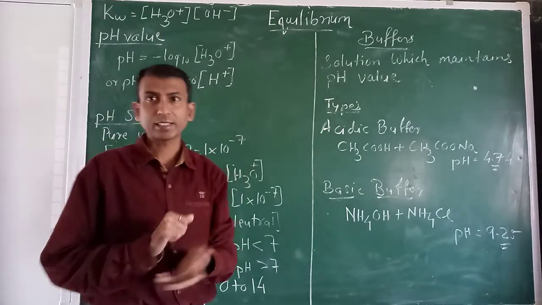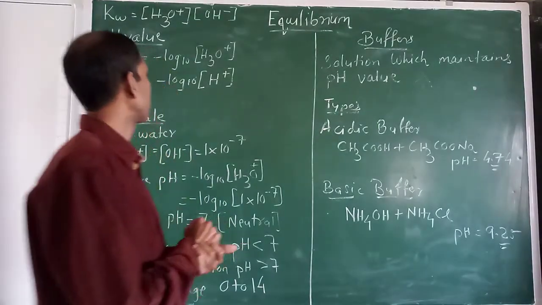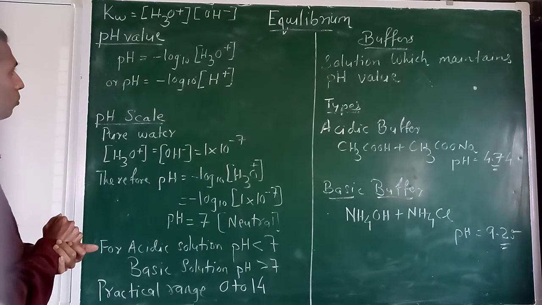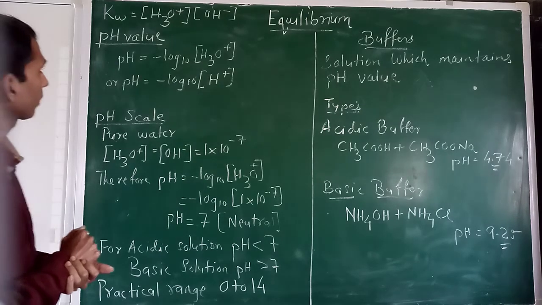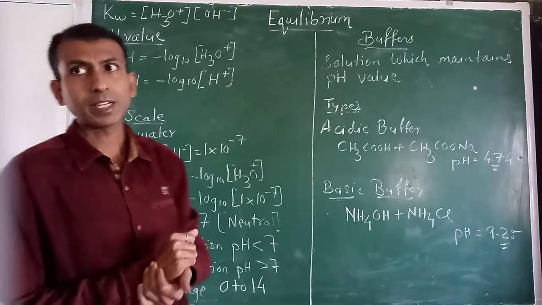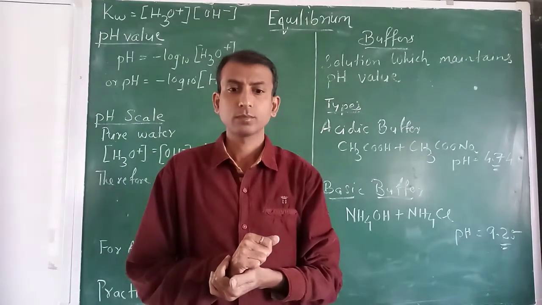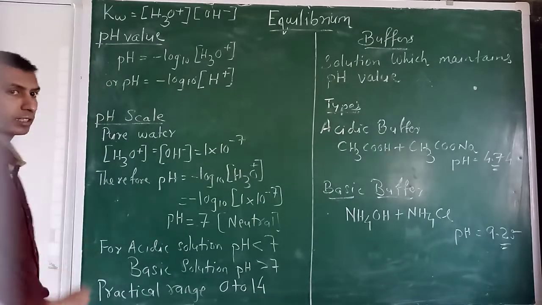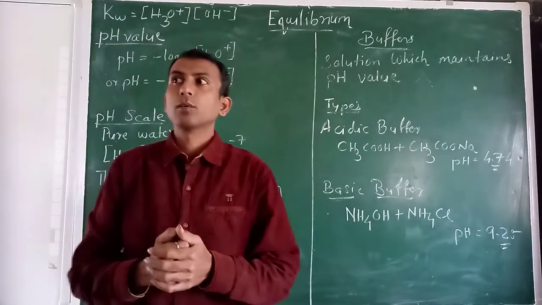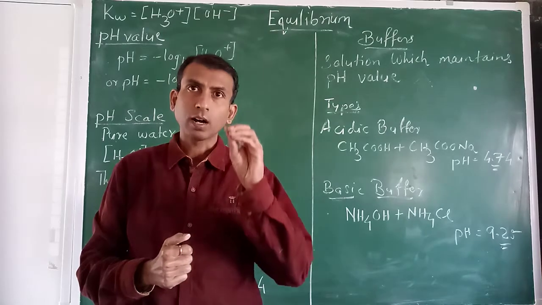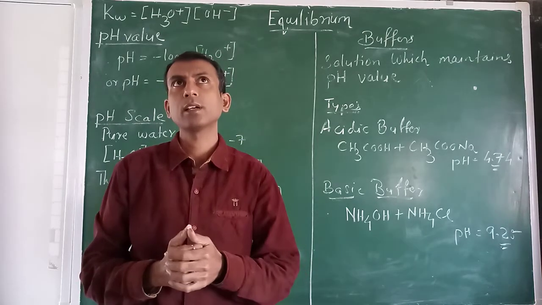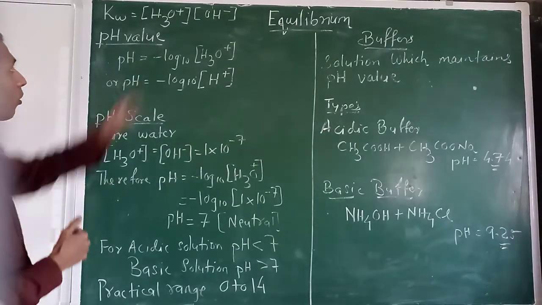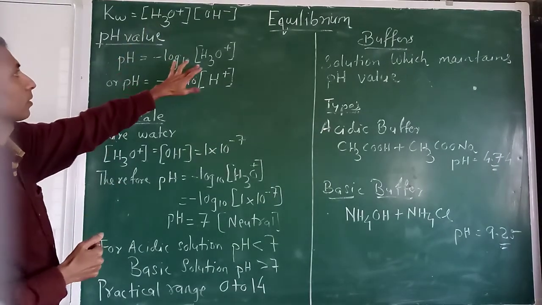So let us first understand the meaning of pH value. In pH value, this particular term pH is nothing but potency of hydrogen ion, or you can say concentration of H plus ion or H3O plus ion.